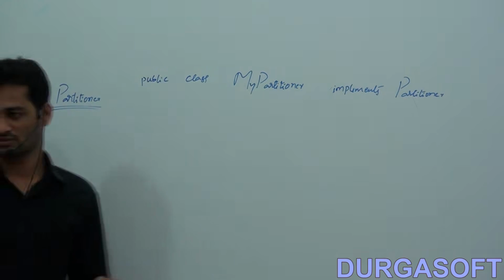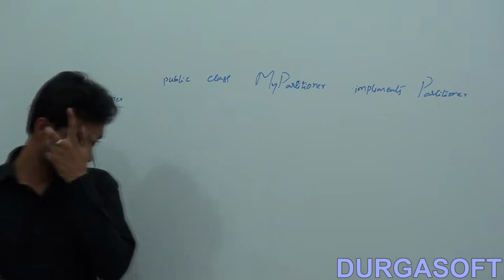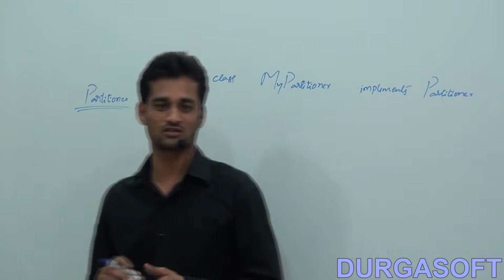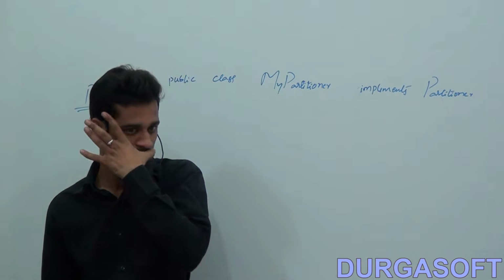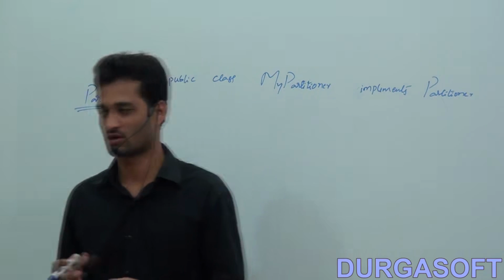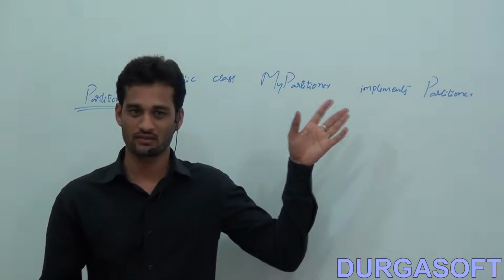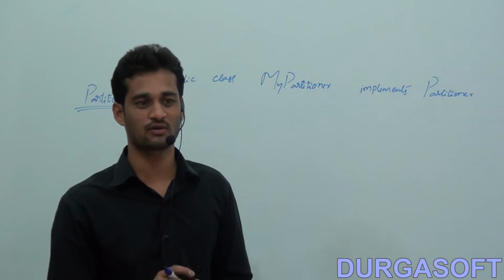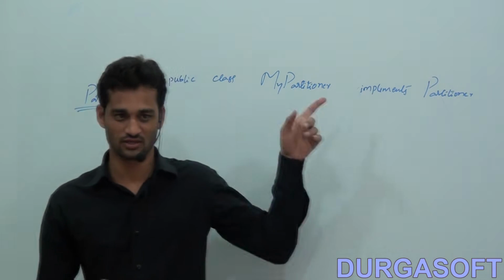You have already seen that if you do not provide your own mapper code, the identity mapper comes into the picture. If you want to use your own mapper, what do we have to do? You have to implement the mapper interface. If you want your own reducer, you have to implement the reducer interface.